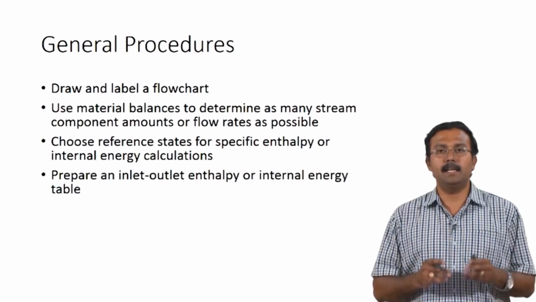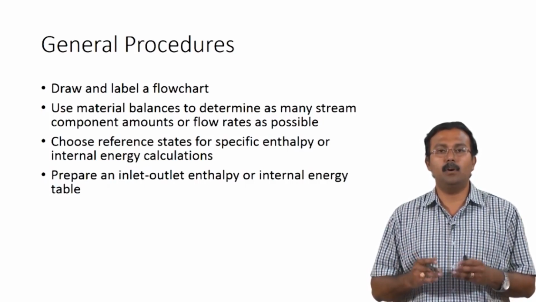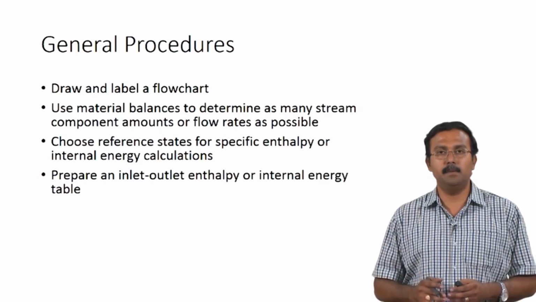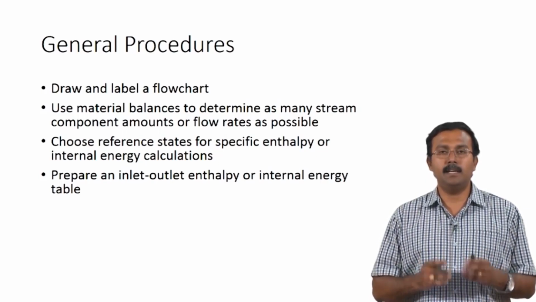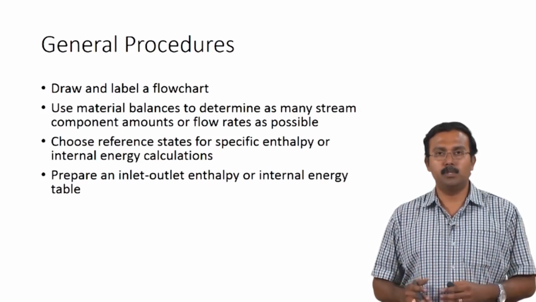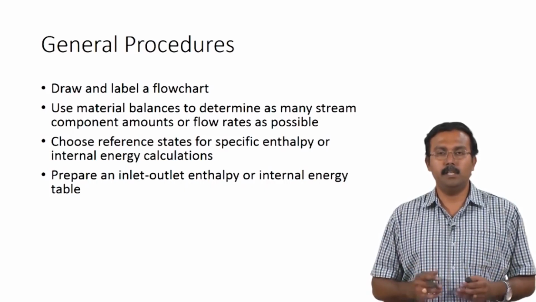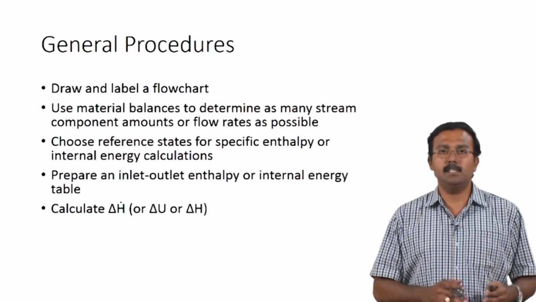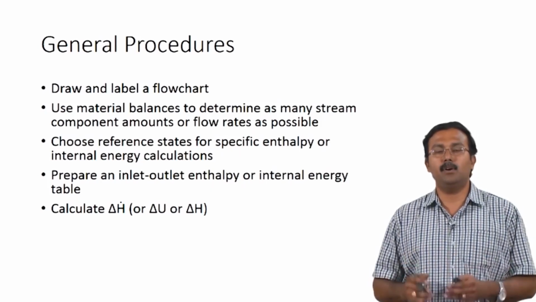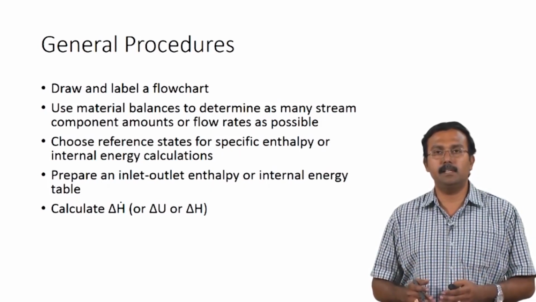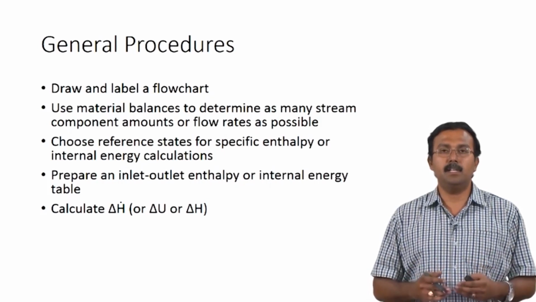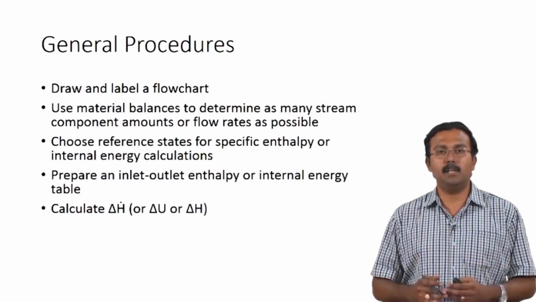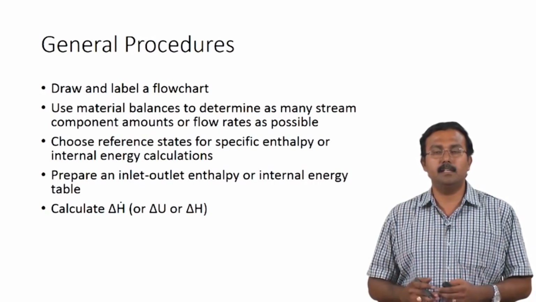Then we will prepare the inlet and outlet enthalpy table or the internal energy table, where we will try to identify which terms will go to 0 and which would be non-zero terms, and then we will be calculating the total change in specific enthalpy or the total change in specific internal energy, and finally convert them into change in total enthalpy and total internal energy.